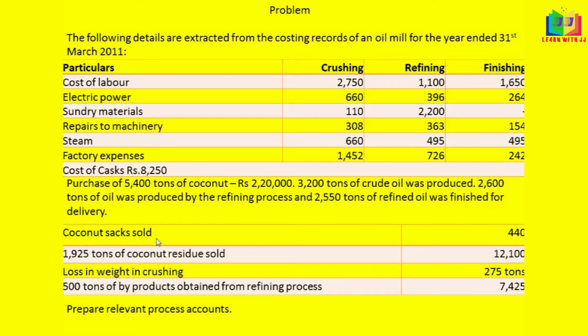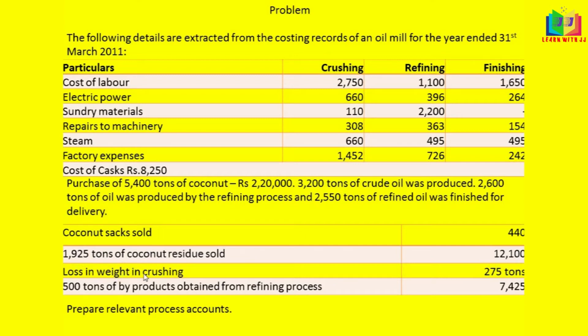Coconut sacks sold earned 440, and 1,925 tons of coconut residue sold earned 12,100.